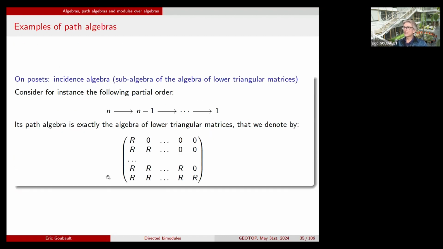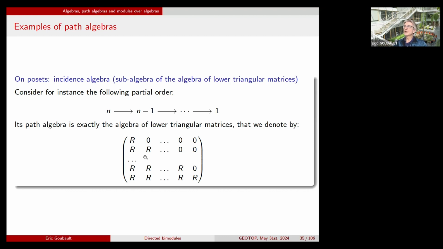And just to show you what they look like, of course, if you take a poset, it's known as an incidence algebra. It's a particular graph, this poset: n is less than n plus 1, and so on, and less than 1. Then if you look at paths, the path algebra is just going to be represented by the algebra of lower triangular matrices. R is the ring.